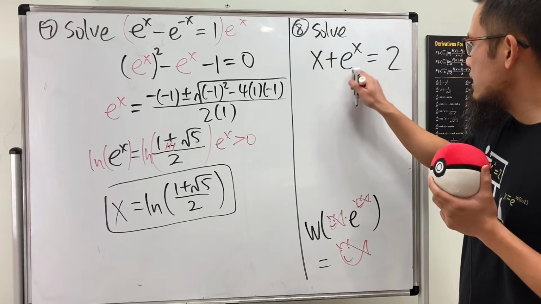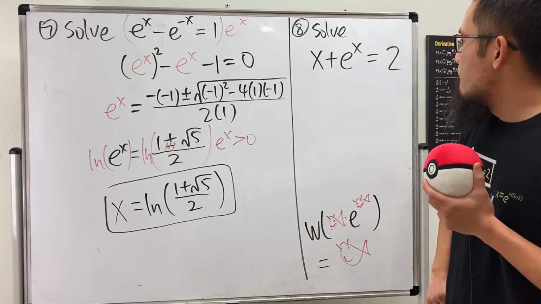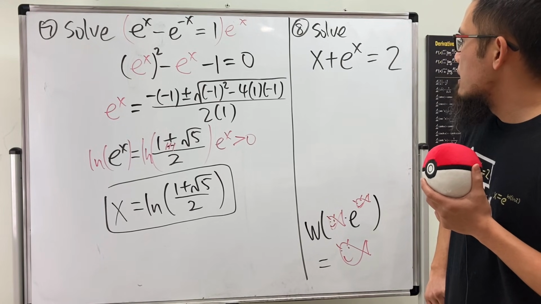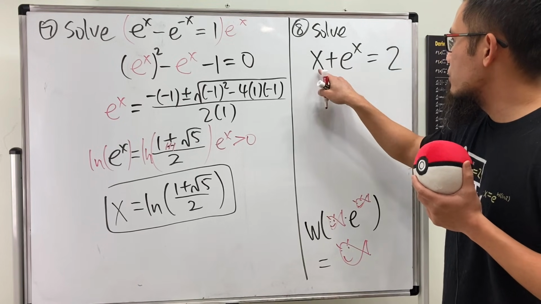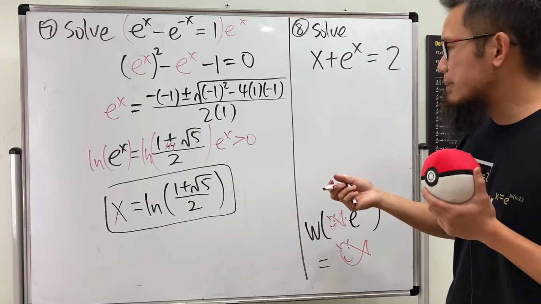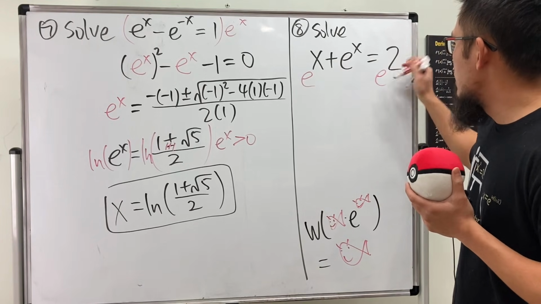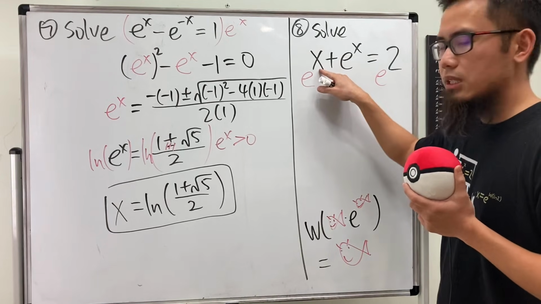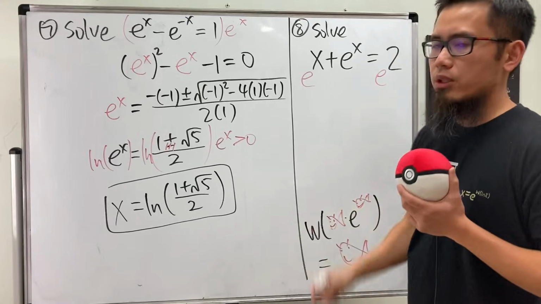We have this e to the x already. Well, what I'm going to do is look at this and look at that. I'll pretend both of them are the exponent, because if I put e to the power and also e to the power, I will produce e to the x. In the meantime, the e to the x will be in the exponent right here as well.